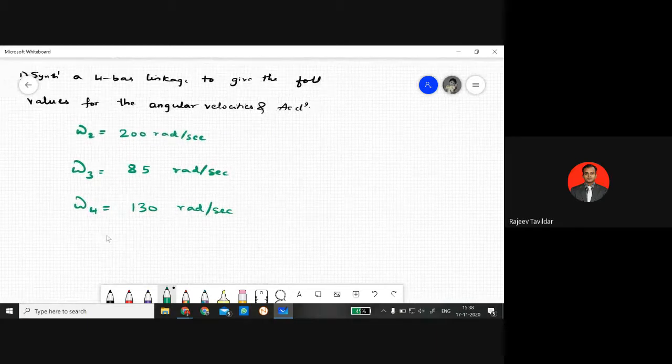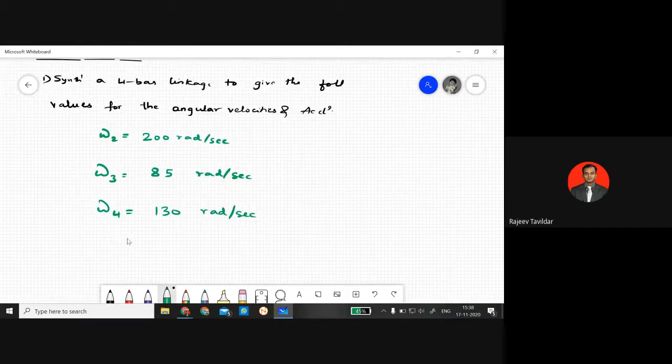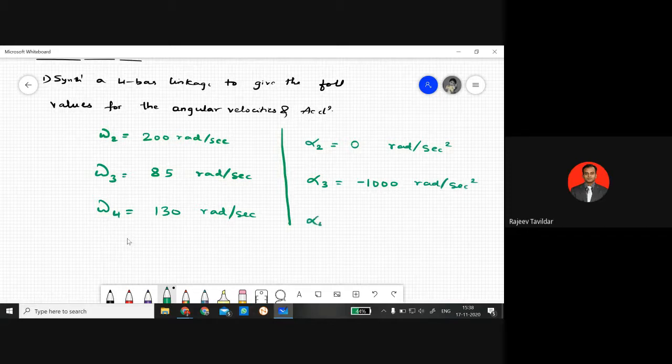So these are the angular velocities given for this problem. They have also given angular accelerations. Alpha 2 is given as 0 radian per second square. Alpha 3 is given as minus 1000 radian per second square. And alpha 4 is minus 16,000 radian per second square.